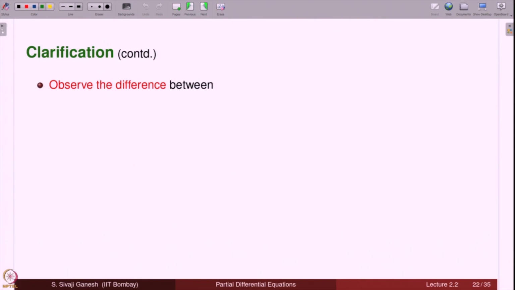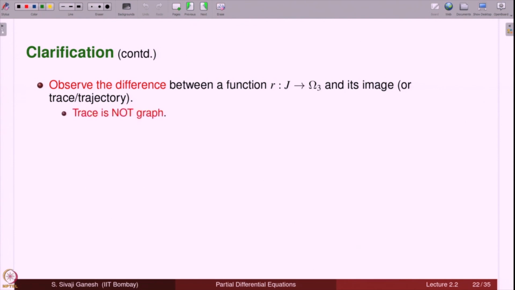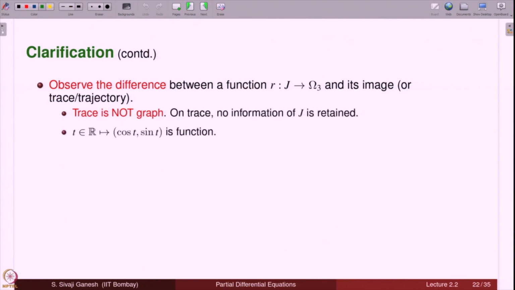Now observe the difference between a function and its image. The image is often called the trace or trajectory. It is just the image. The trace is not a graph. On the trace, no information of t is retained. We will look at an example. Look at t belongs to R going to (cos t, sin t), it is a function.